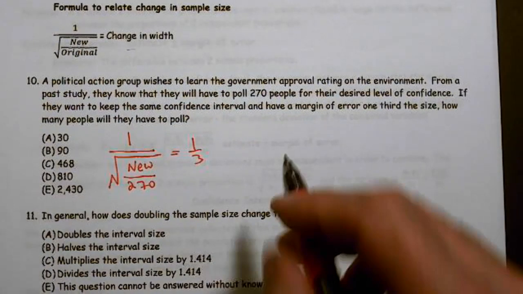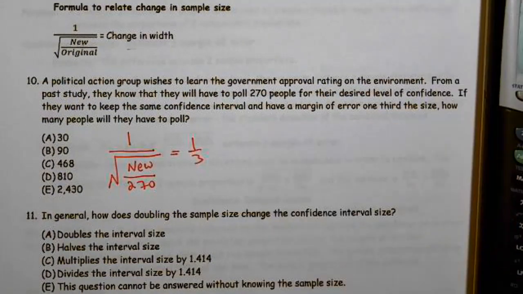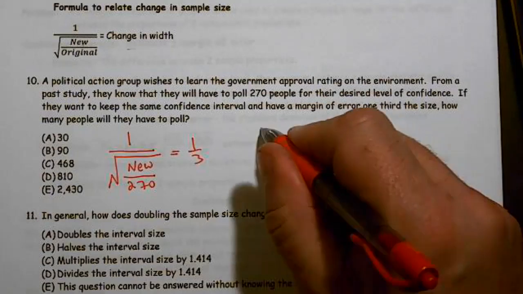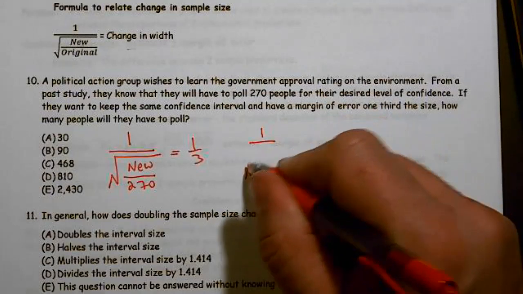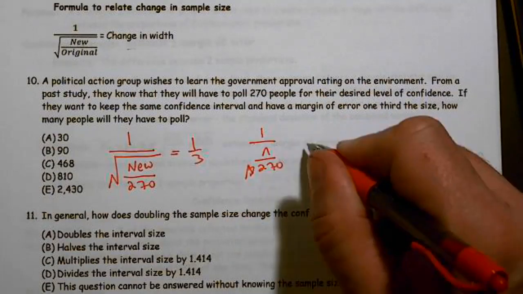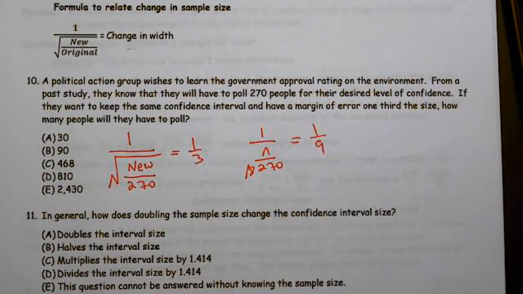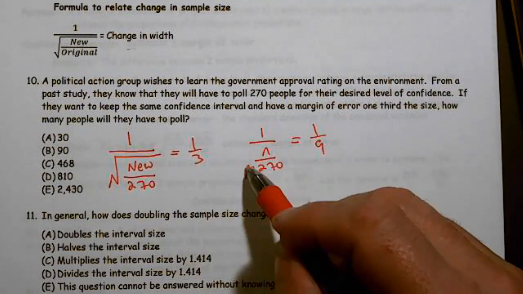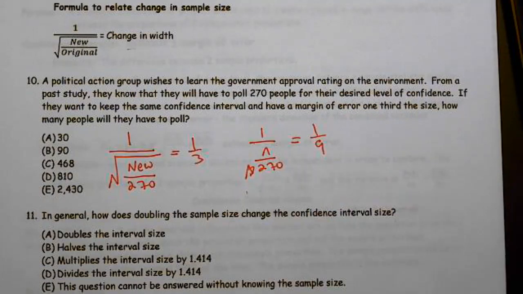So when I square both sides, I end up with 1 over n divided by 270 equals 1 over 9. Now I can make this side look a little bit better.